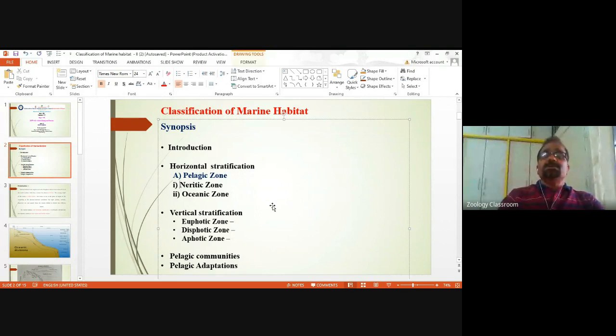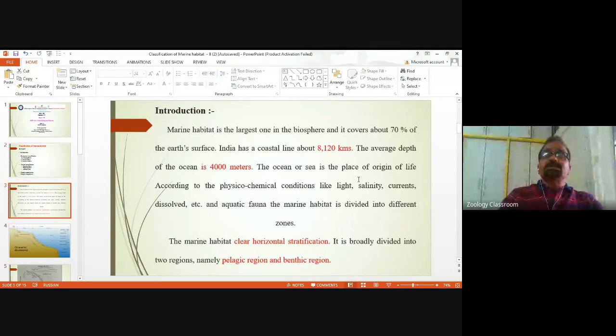So there is a horizontal stratification as well as vertical stratification in the marine habitat as well. These are the points that we are going to deal with. As usual, you know that the largest habitat in the biosphere.